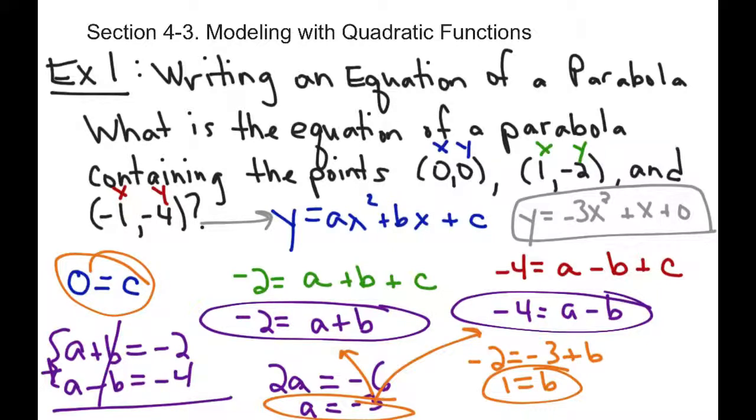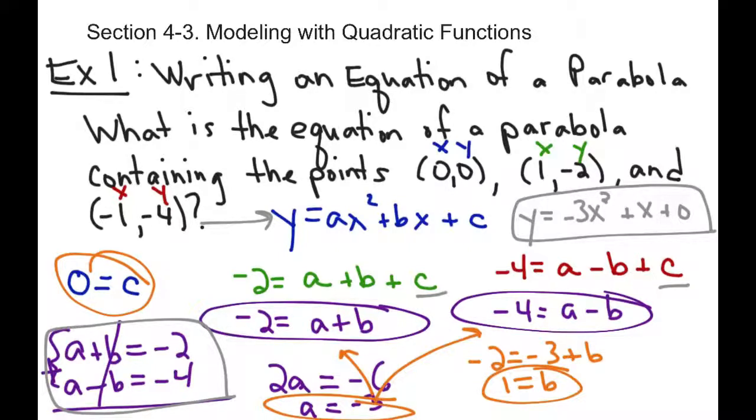Again, what I did was I started by plugging each of the 3 ordered pairs into the standard equation. I ended up with 3 equations. One of them was already solved for me; I had already figured out c was 0. When I found out c was 0, I just plugged 0 in for c into these other 2 equations. What I was left with was called a system of equations.